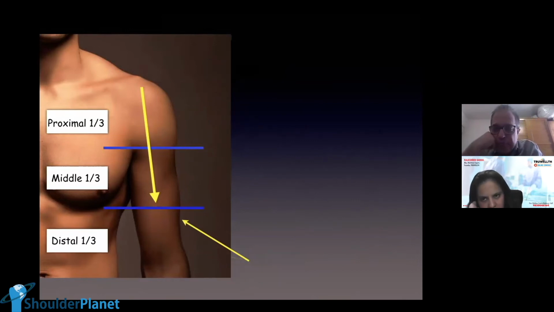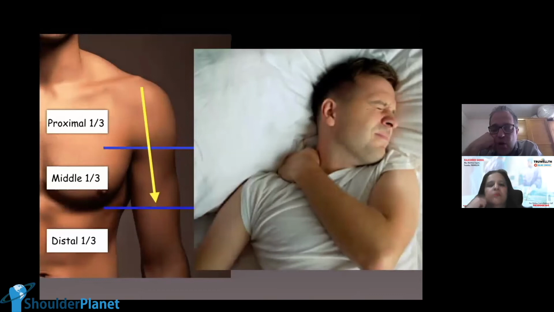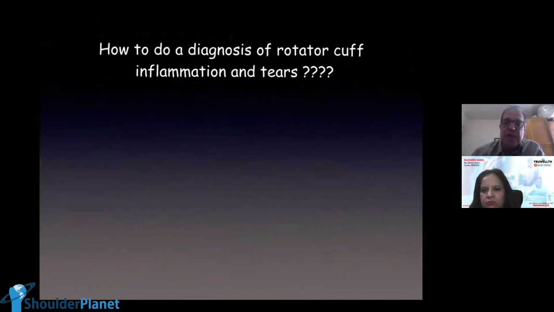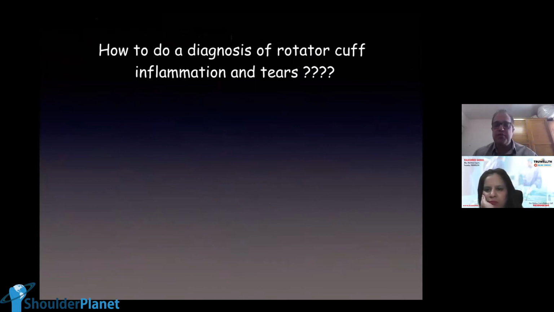And still, night pain is very common. So I have pain in my shoulder, I have difficulty to sleep, I need to find a position. Until I find a position, it bothers me too much, and I wake up in the middle of the night. This is very common. So how do we do a diagnosis of rotator cuff tears, inflammation? Well, the diagnosis is super clinical.